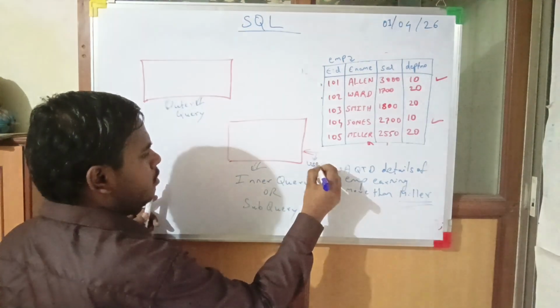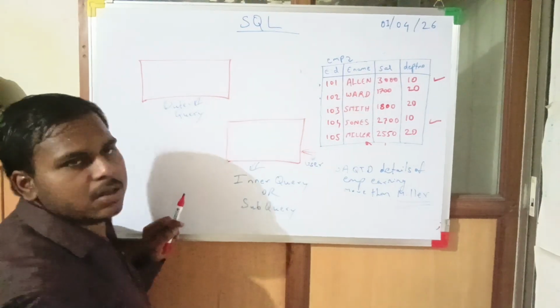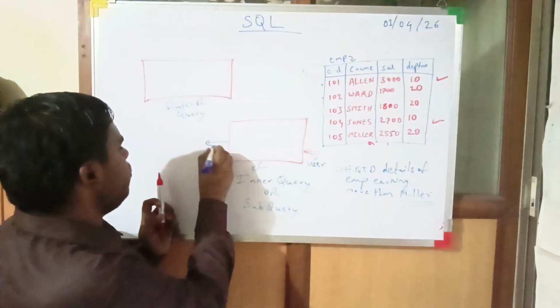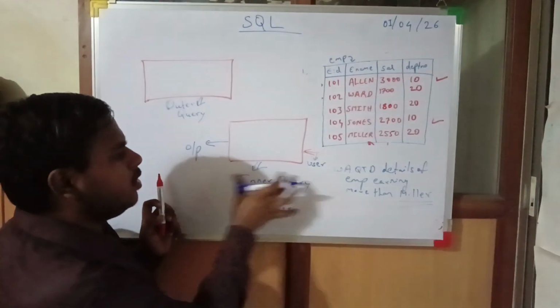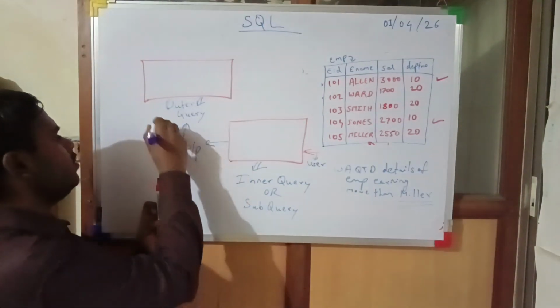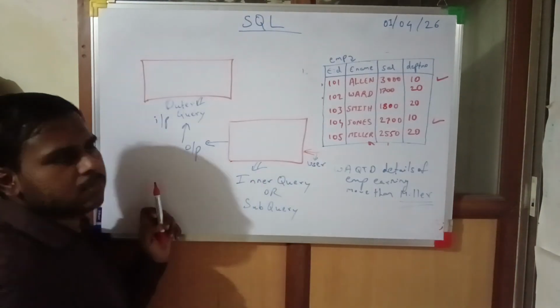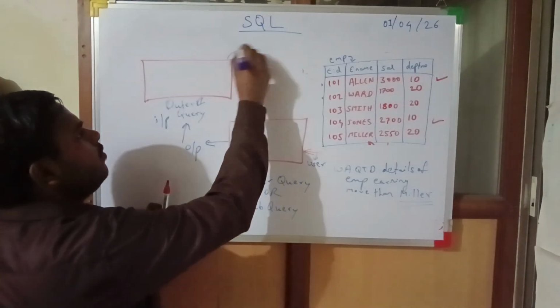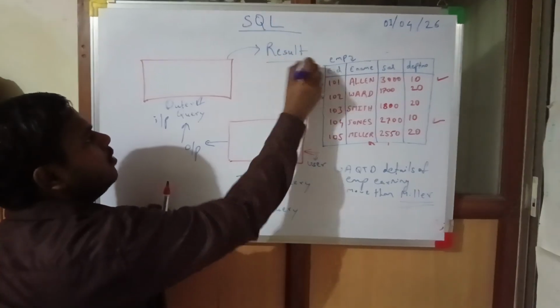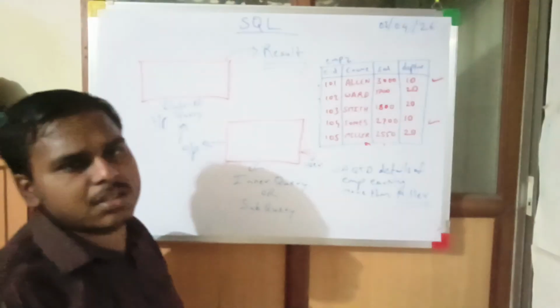The user is giving the input to the inner query, and the inner query gives some output. This output is given as an input to the outer query, and then it gives the final result. This is the basic working principle of a subquery.